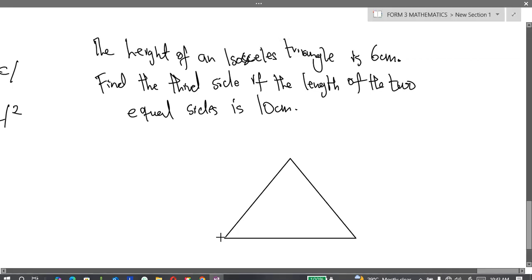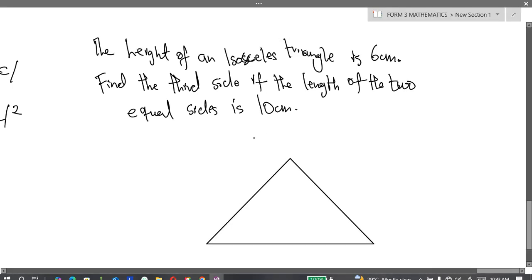So let's take this one to be an isosceles triangle. Two of its sides are equal, and two of its angles are equal. So if two of its sides are equal, this is 10 centimeters and this is also 10 centimeters. The question is for us to find the last side.